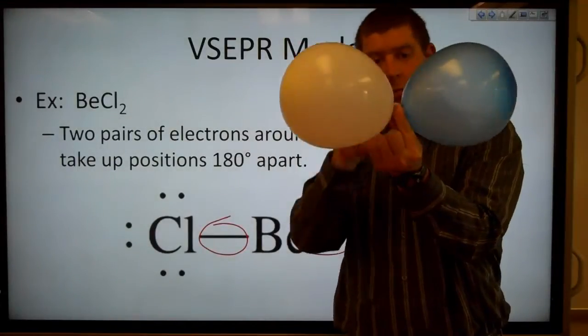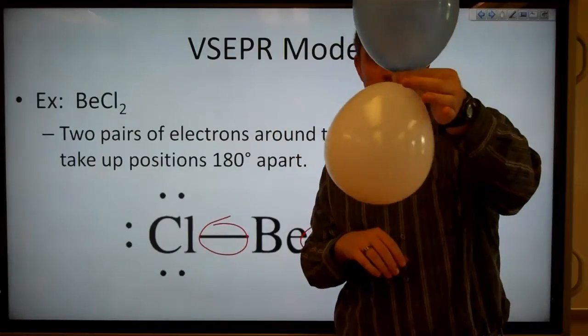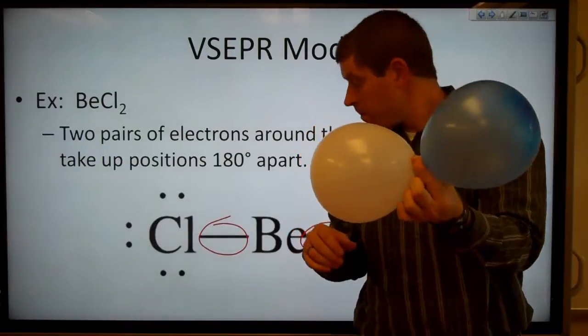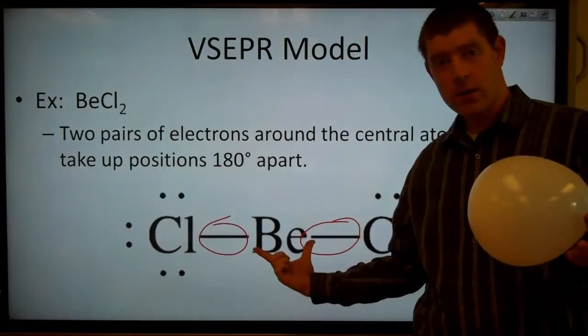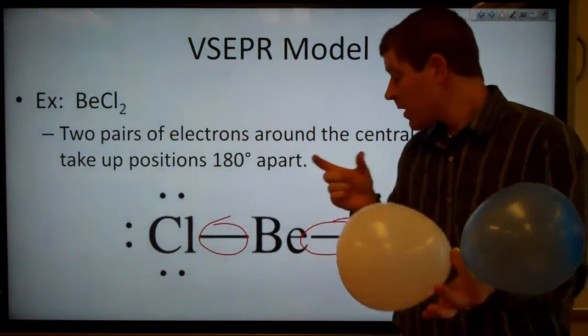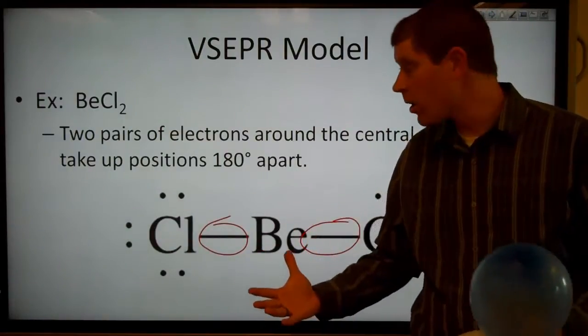They're going to tend to be on opposite sides, 180 degrees apart, or they would be if they were not in a gravitational field pulling them both downwards. And so that's exactly what our electrons are trying to do. Just like the balloons are repelling each other, the electrons are repelling each other as well. So they want to be 180 degrees apart.